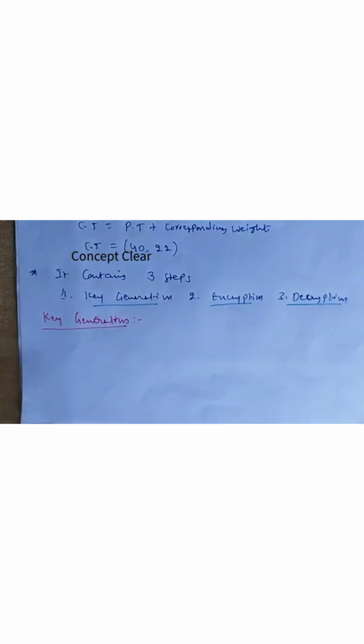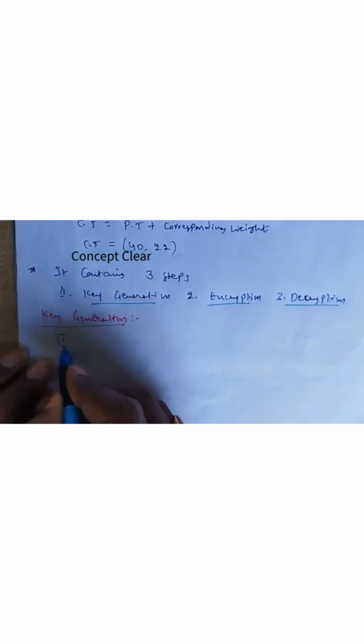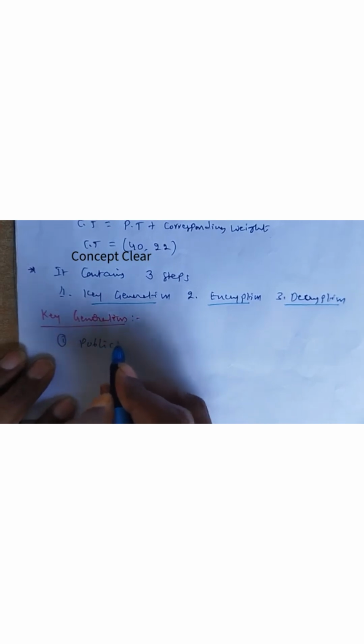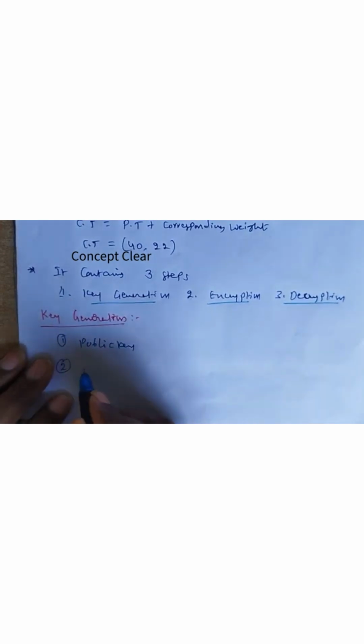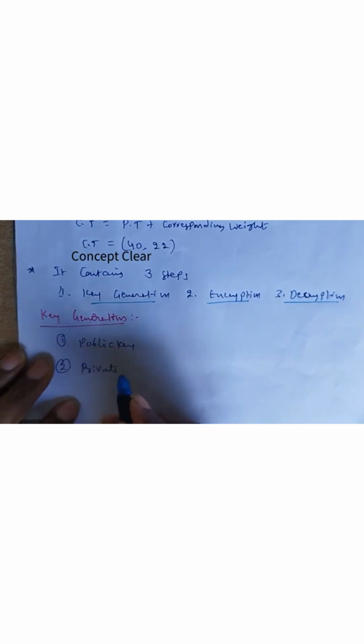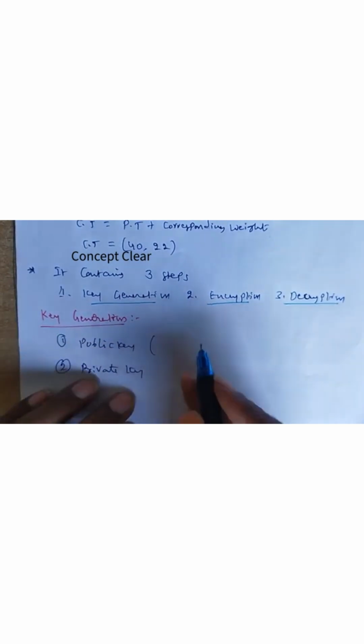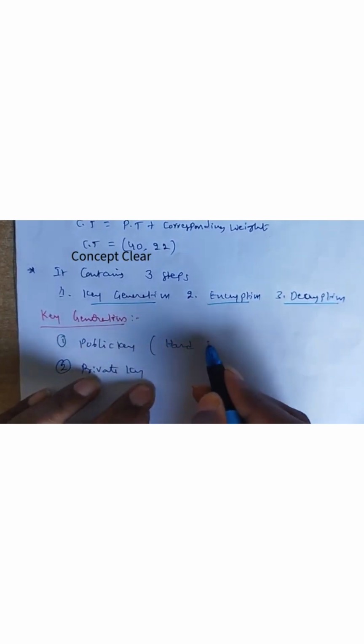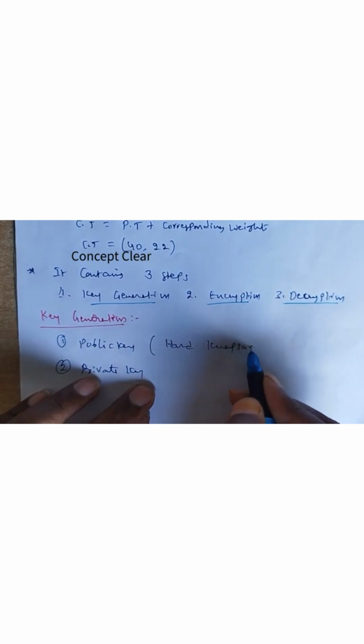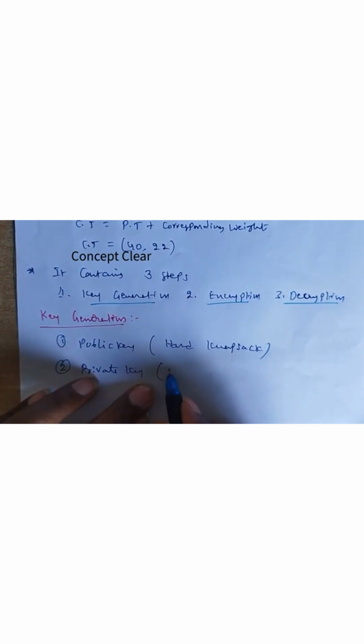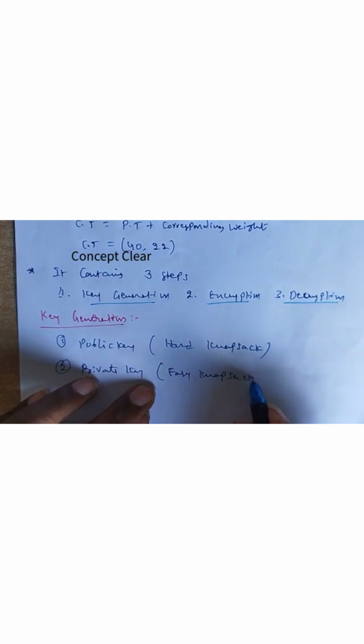What is the meaning of key generation? To perform encryption and decryption, we have to generate a pair of keys. The first one is the public key, the second one is the private key. The public key uses the hard knapsack problem, and the private key is used for the easy knapsack problem.